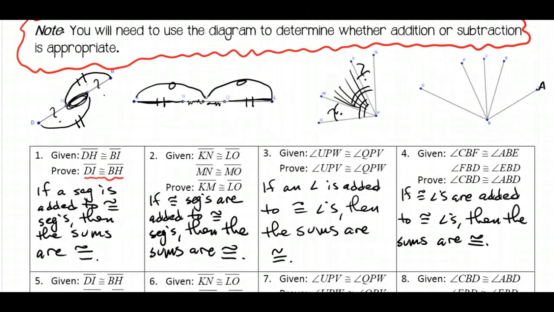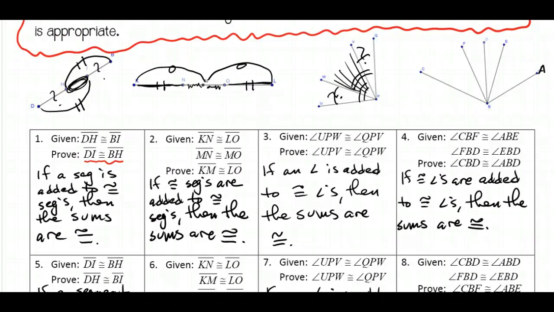Alright, and then the last one, the only one we have left, I've got that CBD, so this angle over here is congruent to ABD, this angle over here, and I've got these smaller angles on the inside are congruent, angle FBD and EBD, and I want to prove that the angles on the outside are congruent.